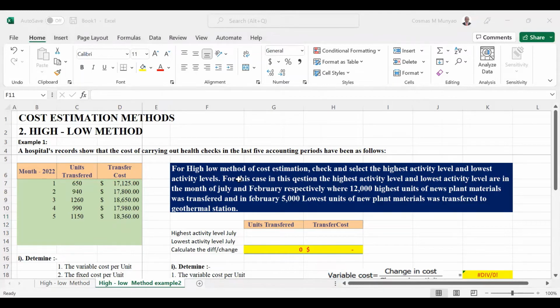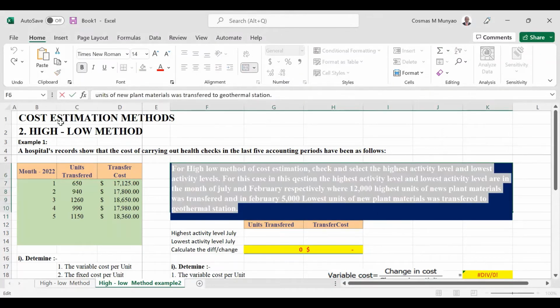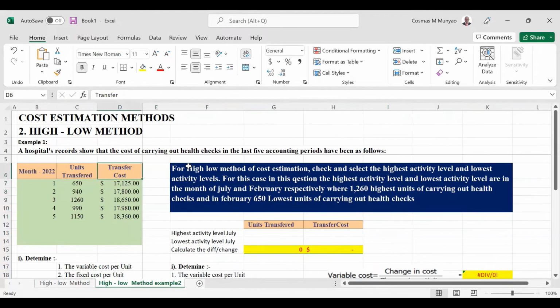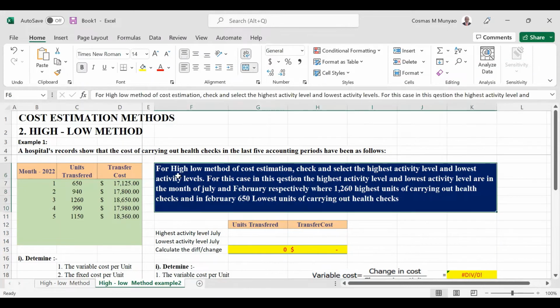So we know very well the procedure is that you have to select. In this example, you have to select very well for high-low method cost estimation. A student or accountant needs to check and select the highest activity level and the lowest activity level.